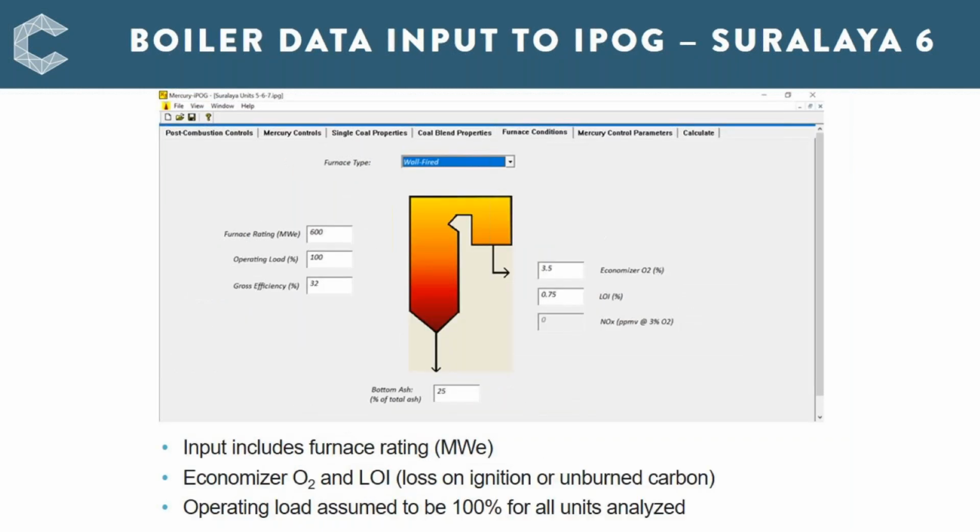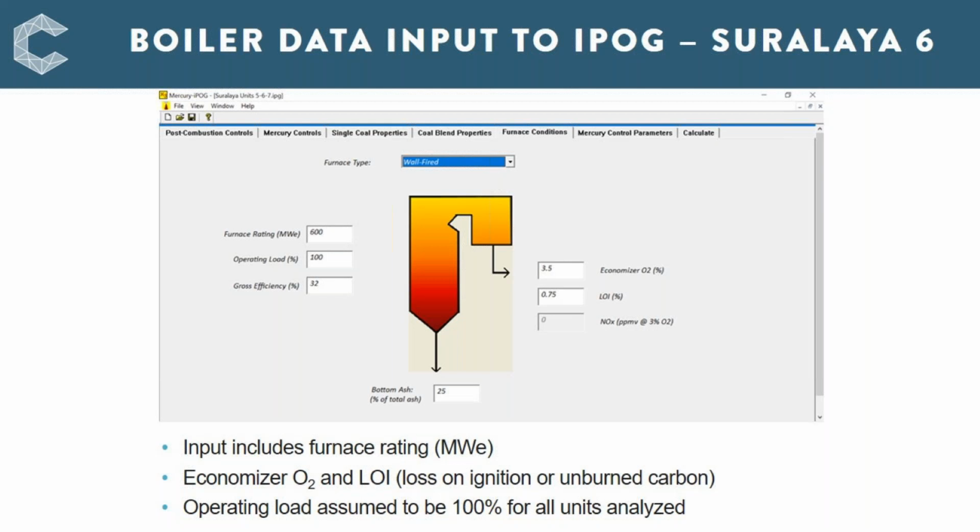Some information about the boiler. It's a 600 megawatt unit, and we've assumed a load of 100%, and I should stress assumed, as this was the same type of procedure we've used to define the economizer.